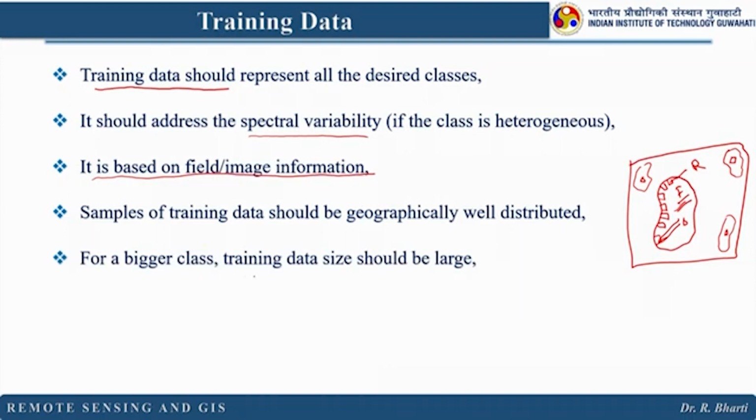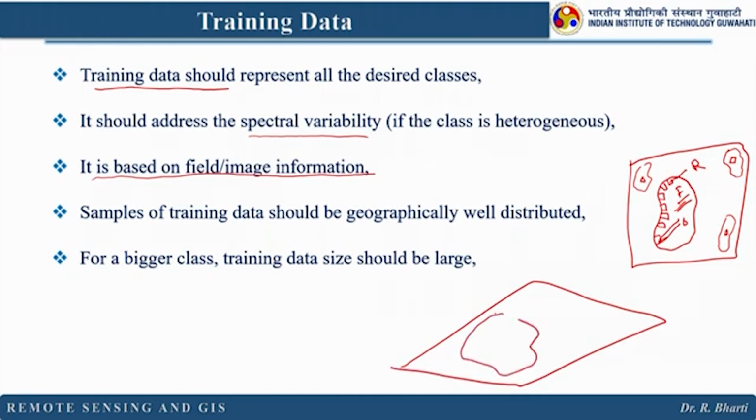For a bigger class, training data should be large. Say this is the image and this is the forest, and this is a water body, and the rest is urban area. For the urban area, if you have given 5 pixels, first of all, you need to see whether they are geographically well distributed. If you say they are distributed with these 10 points, will it satisfy all the criteria?